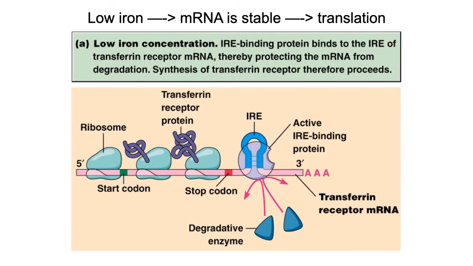It's co-opted and used in a slightly different way. So here, again, there is our IRE, and that is encoded by the transferrin receptor gene and is therefore found in the transferrin receptor messenger RNA. It is found in the 3' untranslated region, so it doesn't give rise to protein.